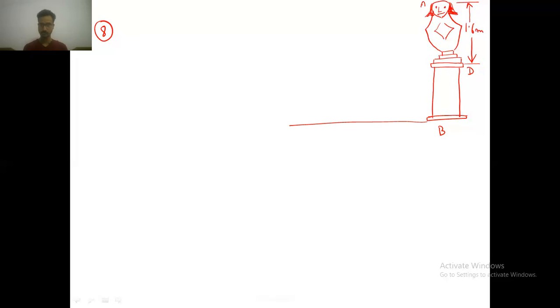From the point on the ground, the angle of elevation of the top of the statue is 60 degree. That means suppose this is the point C. Point D is the bottom of the statue, and point D is the top of the pedestal. This is the pedestal.